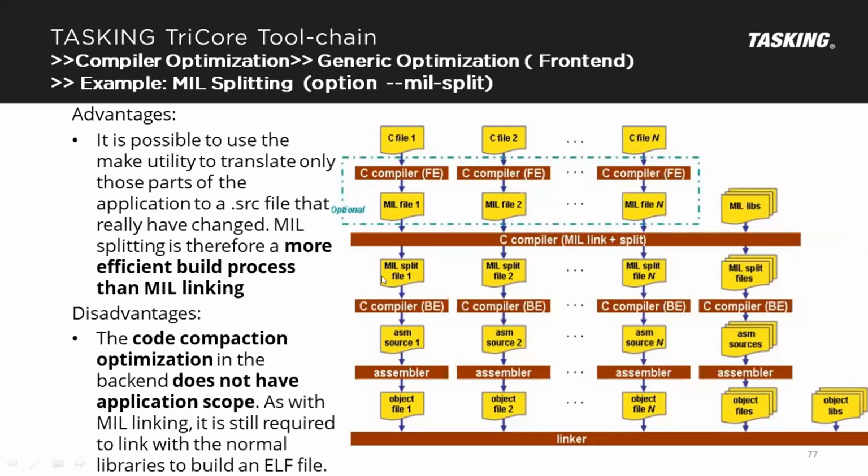On the other hand, it provides a more effective build process, because the MS files generated here will be updated only for the parts of the application that changed, and not your whole application. So it's possible to use the make utility to define a better build process for you, and definitely with the mill splitting feature, the build process will be way faster.